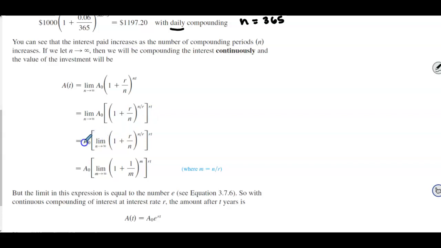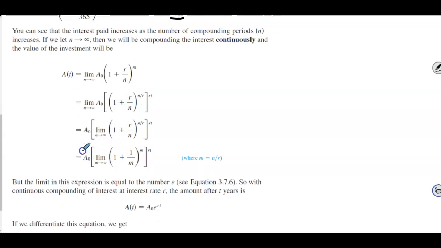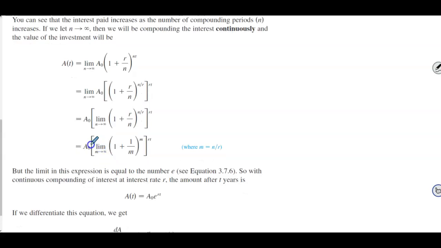We can factor out the initial investment, which is the constant A of 0. And then here we would have the initial amount times the limit as m approaches infinity, because now we've replaced m to be n divided by r, of the quantity 1 plus 1 over m to the m, all of it to the power of rt.